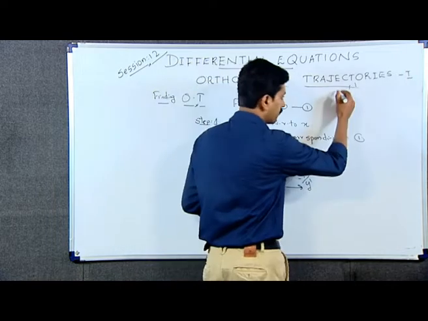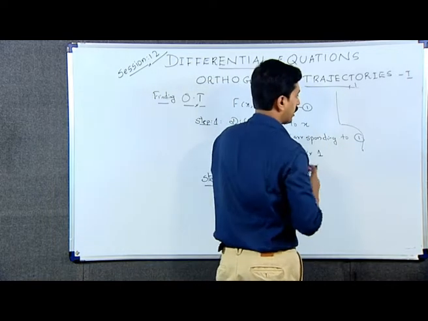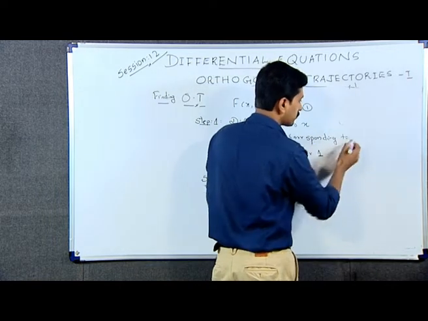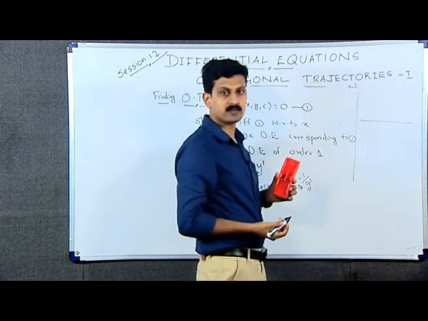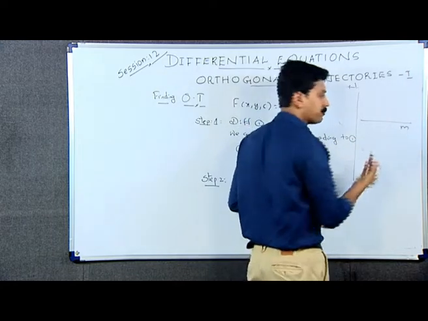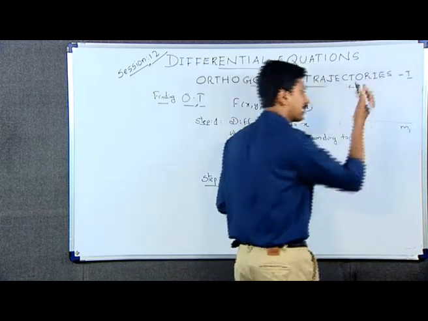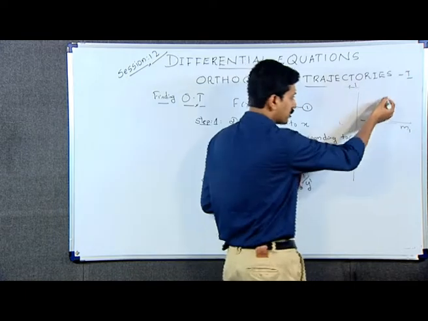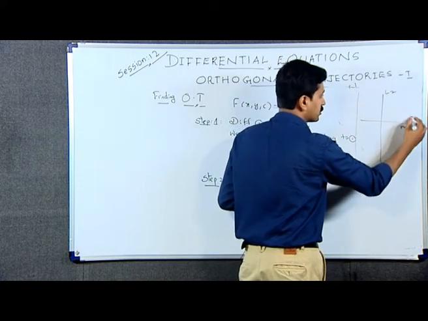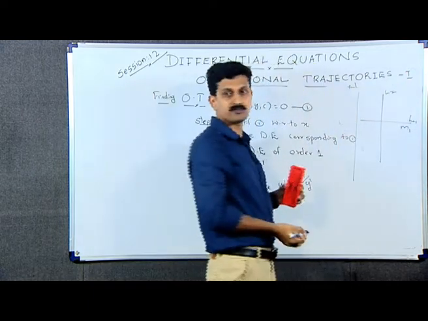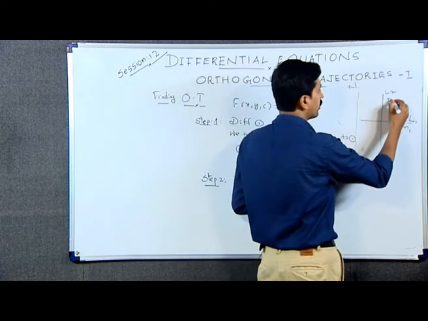In straight lines we studied that a straight line L1 has slope m1, and another straight line L2 has slope m2.